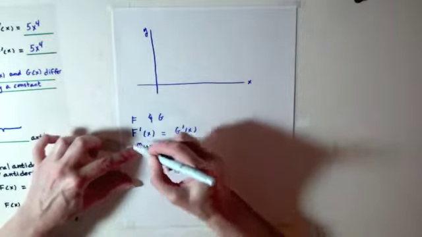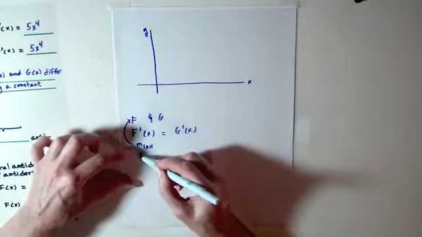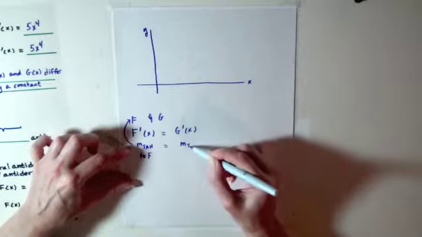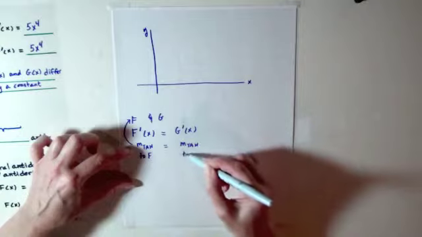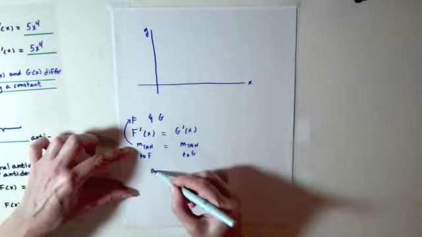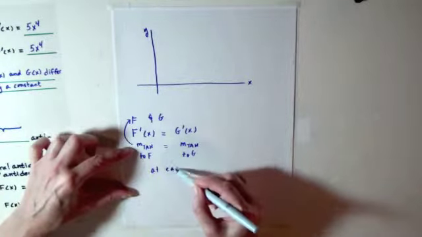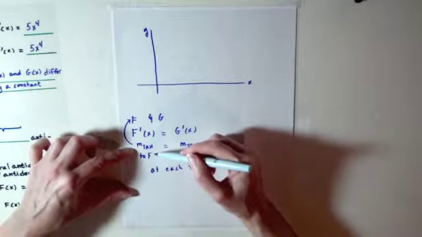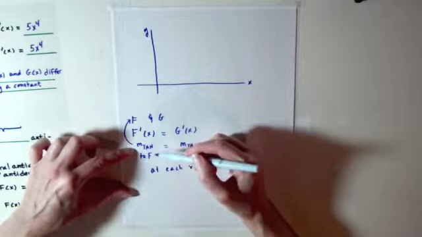So the slope of the tangent line to that graph F has to be equal to the slope of the tangent line to G at each x.